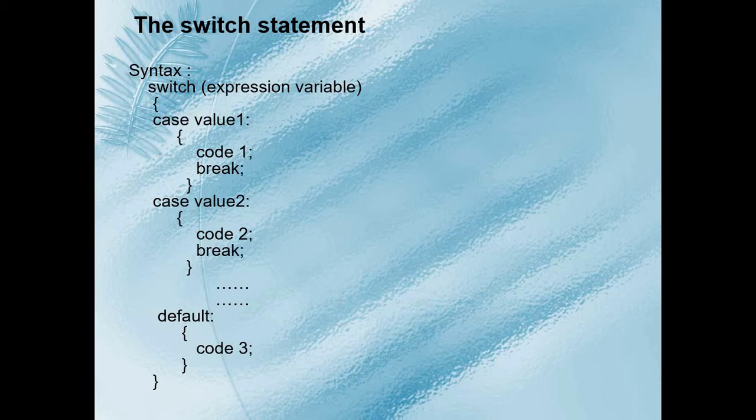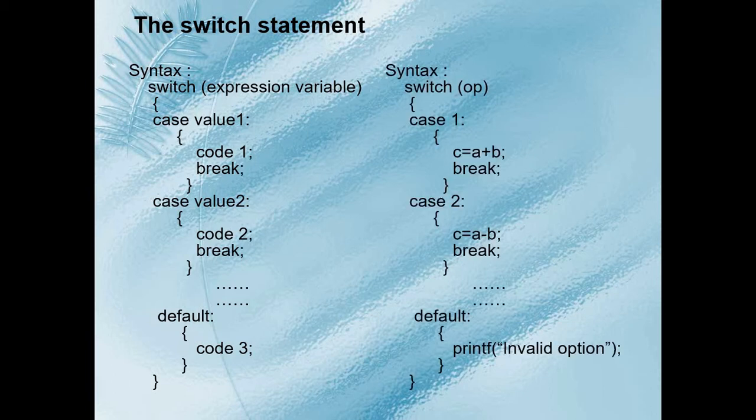Let me take one example. This is the example where the switch statement is used to perform arithmetic operations based on the user's choice. For example, if the user wants addition, then only the addition operation will be performed.